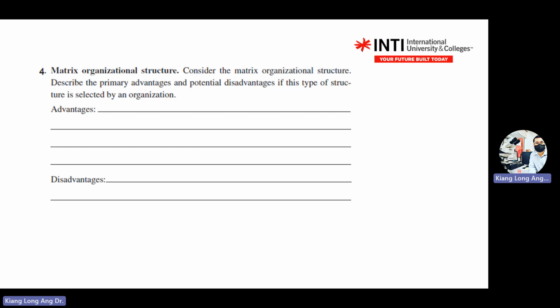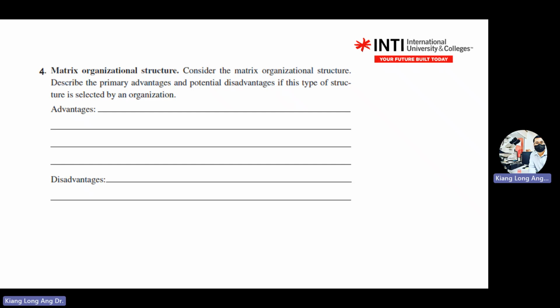Another better way to say it is there are multiple priorities and demands on the resources. And because of these different priorities, some resources may be overallocated, or the opposite. You elaborate on that.